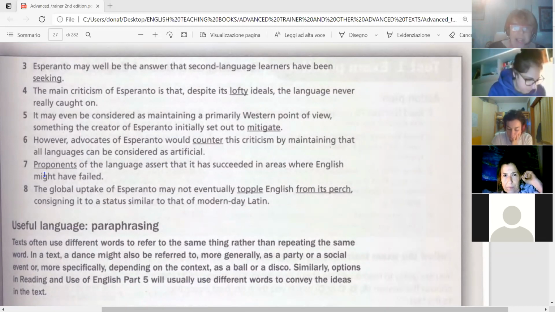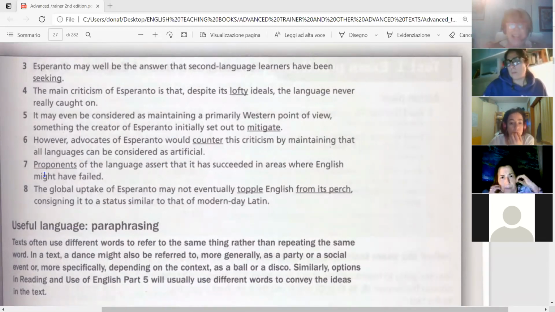Marta, number 6. However, advocates of Esperanto would counter this criticism by maintaining that all languages can be considered as artificial. This is a word that you find with very different meanings, because counter is usually a noun, but in this case it is a verb, with a completely different meaning from the one we usually use.